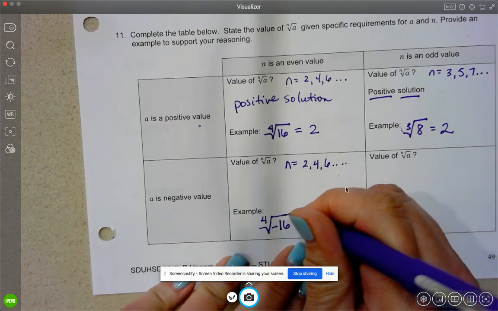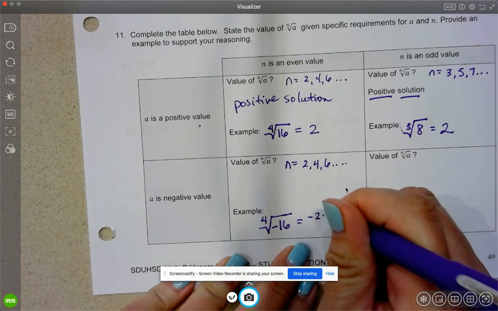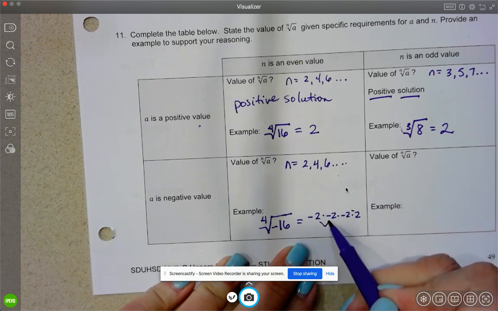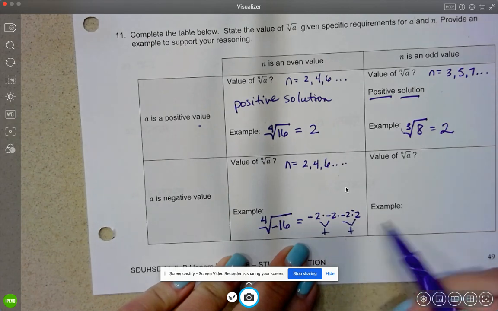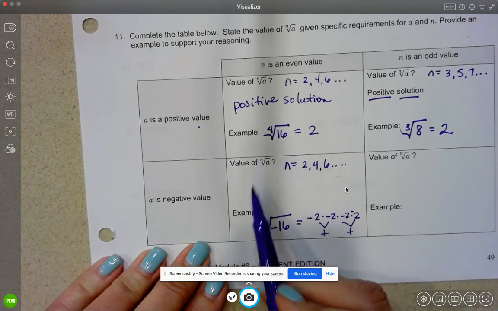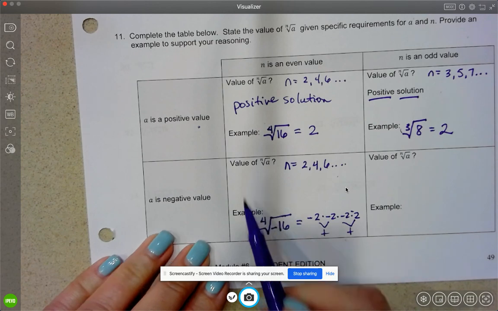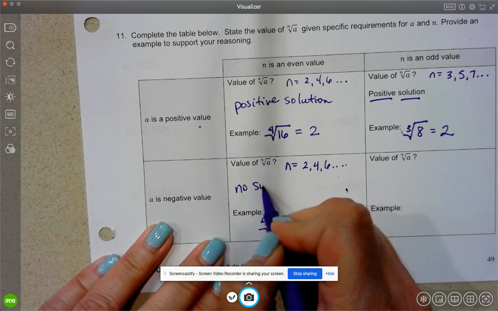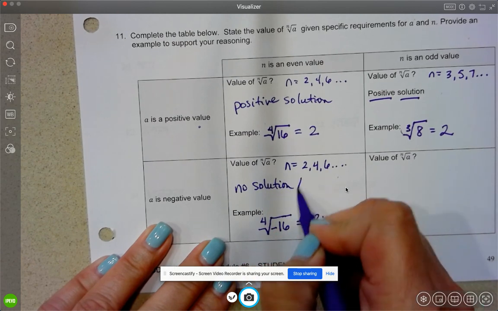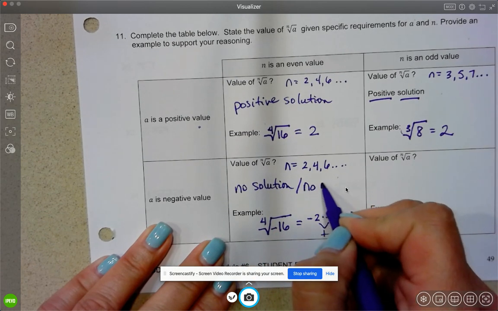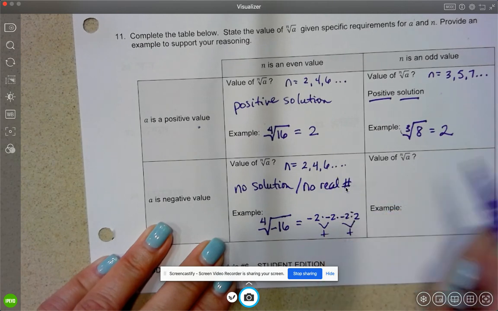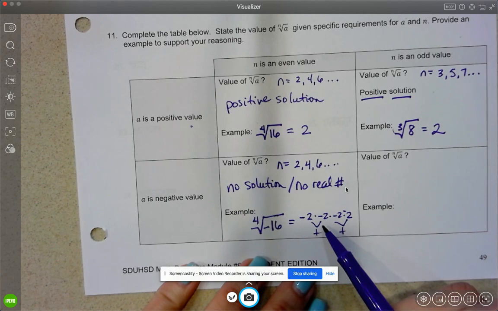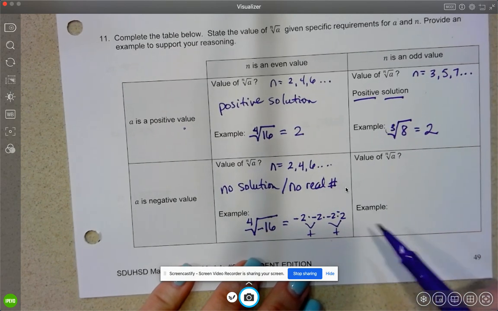Can I do negative 2 times negative 2 times negative 2 times negative 2? No, that's going to end up being positive. So whenever you have an even index and negative radicand, that's no solution. No real number, because you can't multiply a negative number times itself an even number of times and get a negative number.